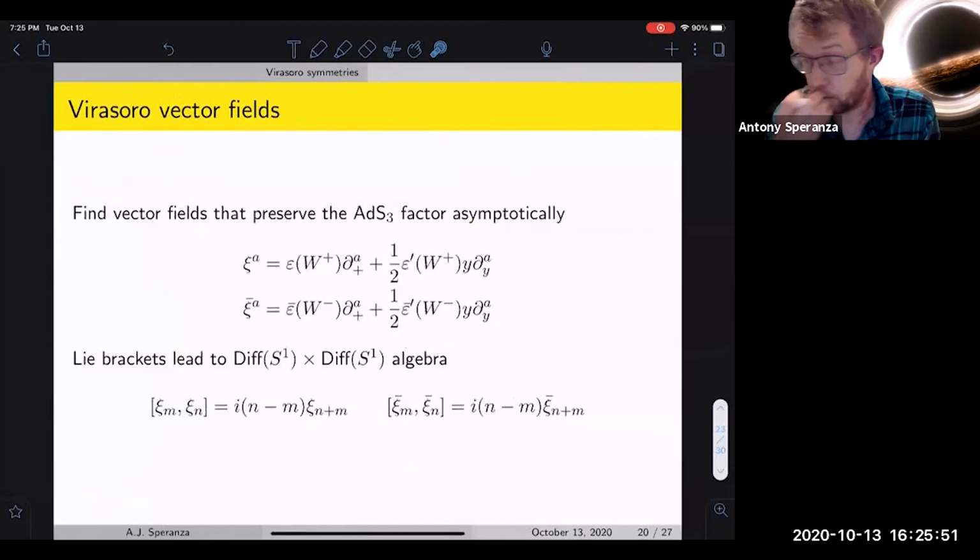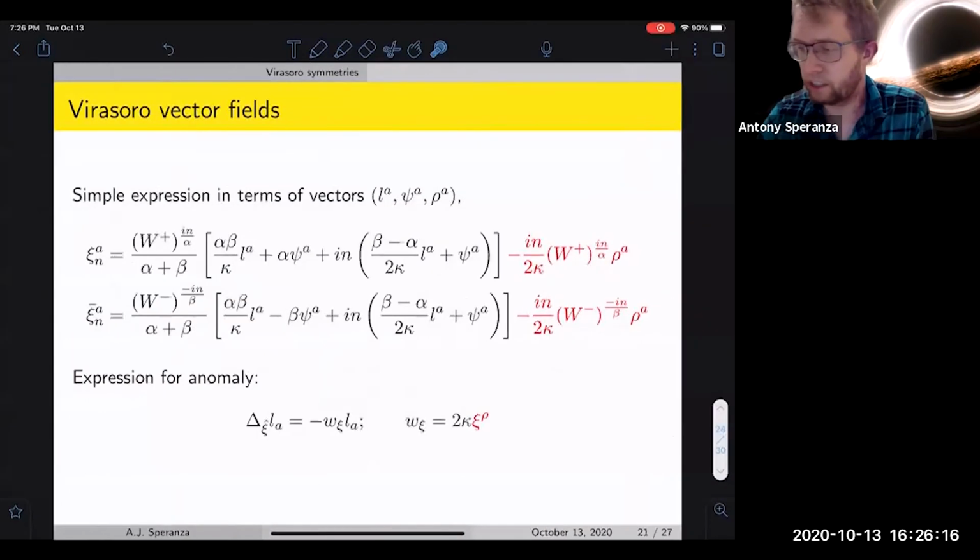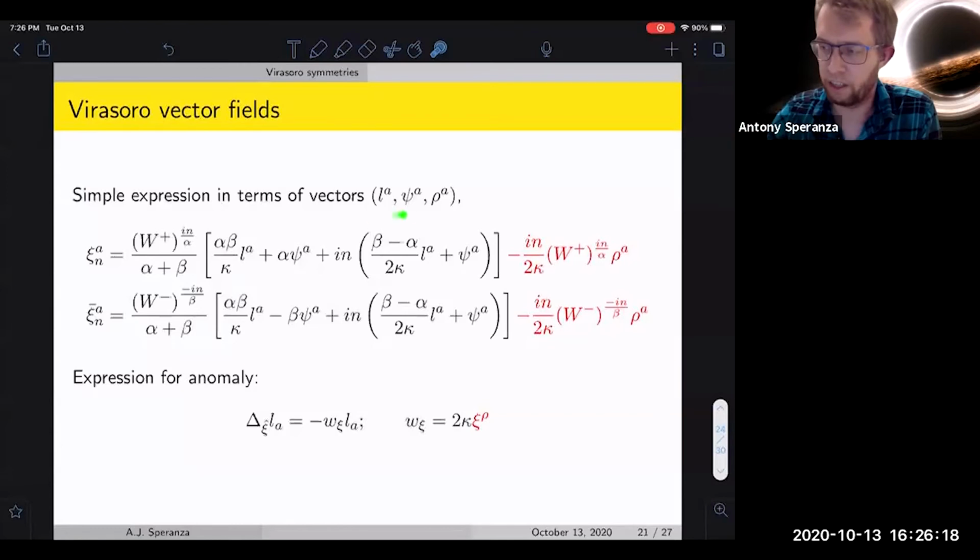Okay, so what you can do is write down the vector fields that preserve this AdS3 factor. Unsurprisingly, you get a Diff S1 times Diff S1 algebra. That just means you have two copies of the Witt algebra, Xi and Xi bar, and these two copies commute with each other. It's useful to re-express them in the original coordinate system with the boost, the dilatation, and rotation.